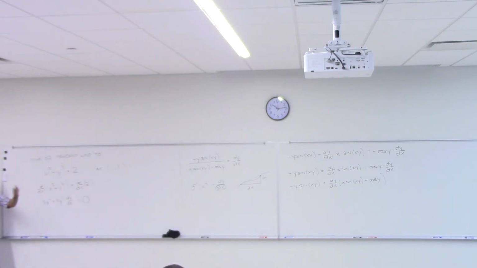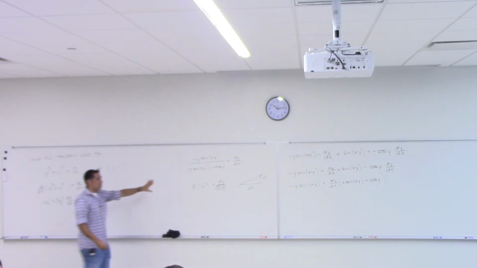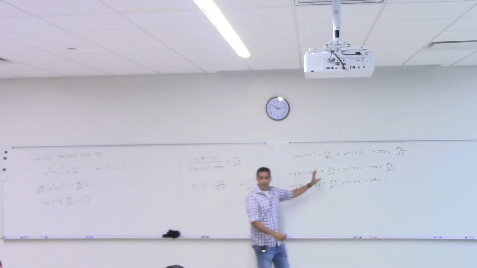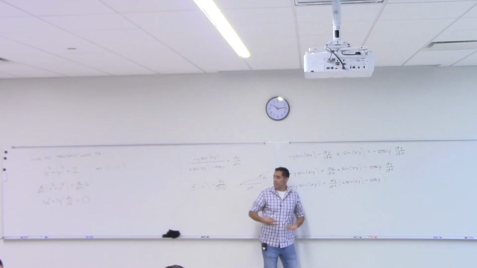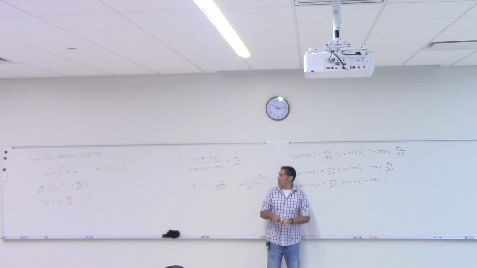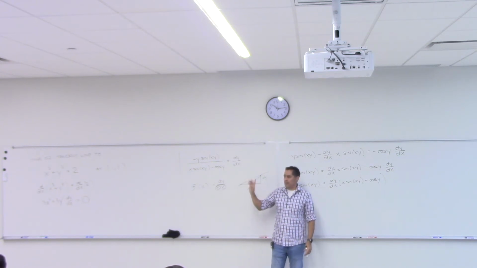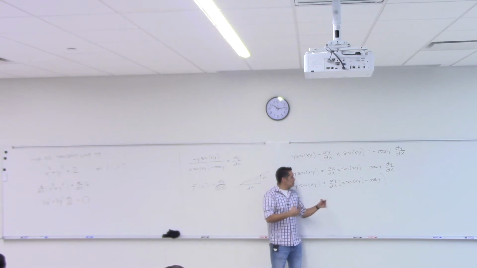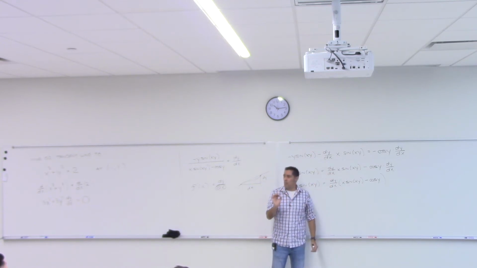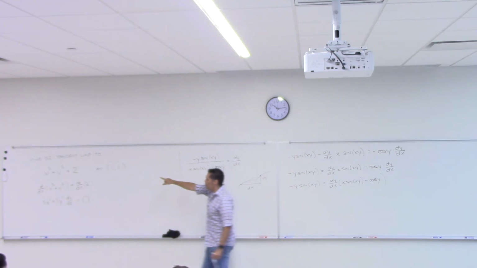Now, what we've been doing prior to this, in this example, is solving for dy/dx. You don't need to do that algebraically in this problem, because I'm given the point (1, 1).